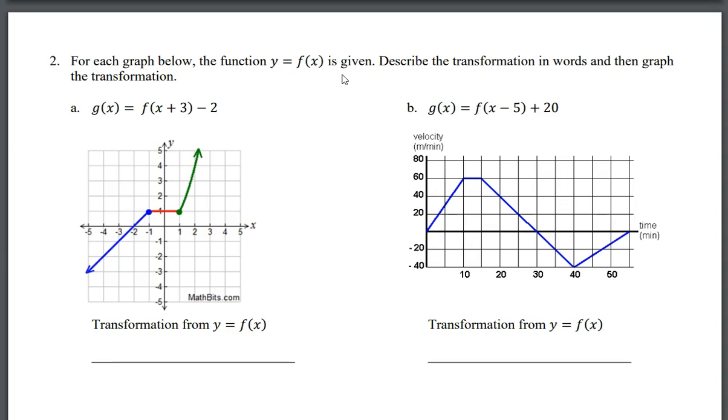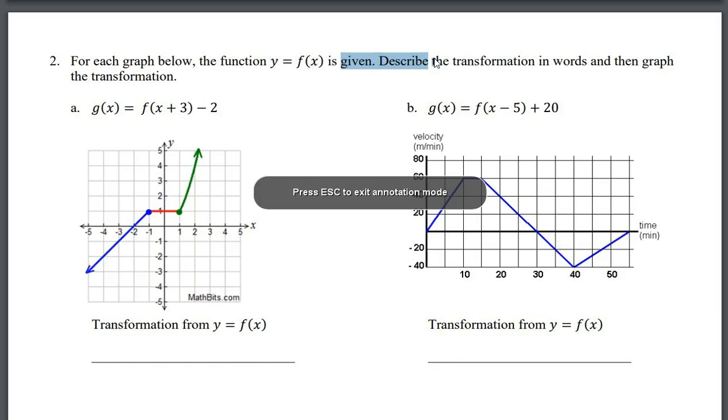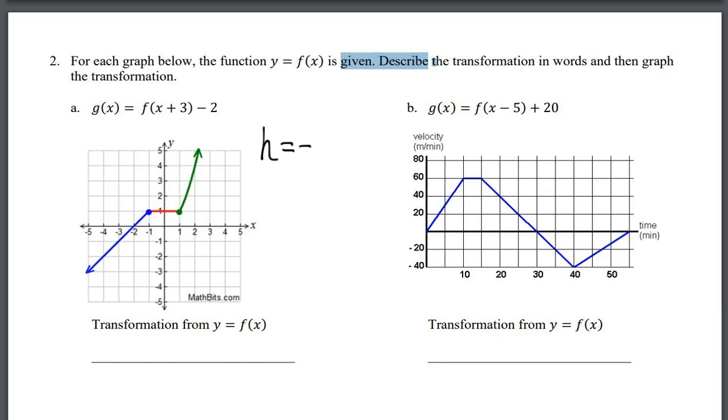So when we look on the inside, it doesn't matter what kind of function it is, h will always be inside and it will always be the opposite. So h is negative 3. And because it's negative, we need to take this graph and move it to the left 3.